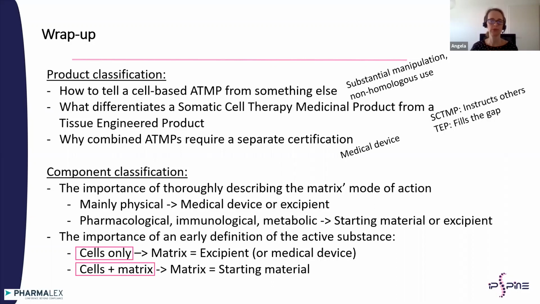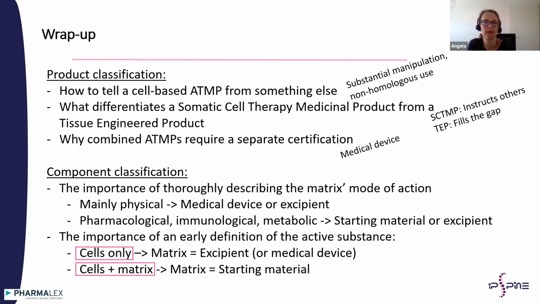Then when we zoomed in a little bit on the component classification, we found that it's very important to figure out what the mode of action of a matrix is. If it is mainly physical, we may opt for the combined ATMP option where the matrix is a medical device. Alternatively, it could still be regarded as an excipient.